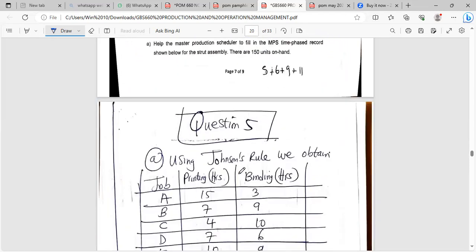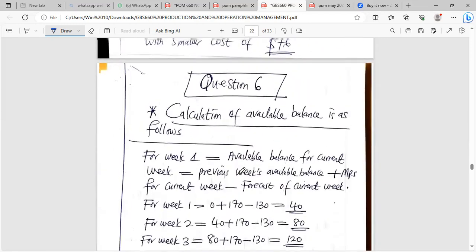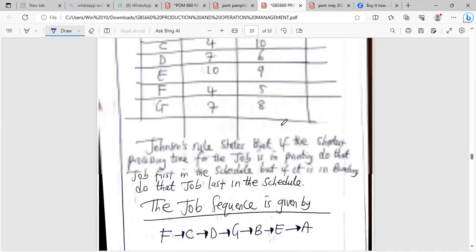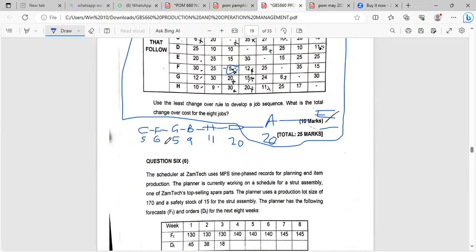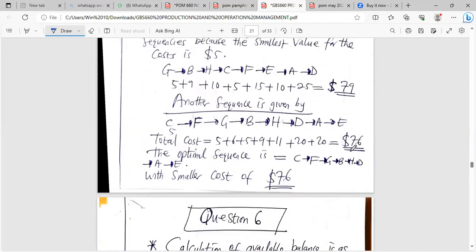We are getting C, F, G, B, H, D, A, E. It's actually giving us 76. So it's the optimal sequence.